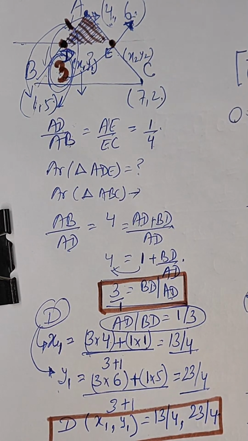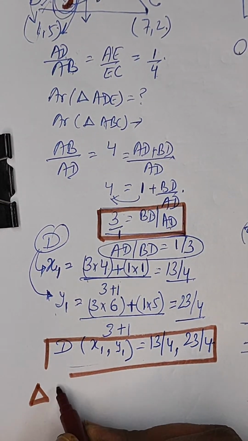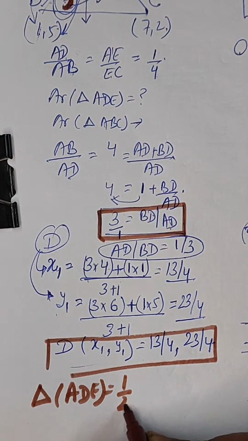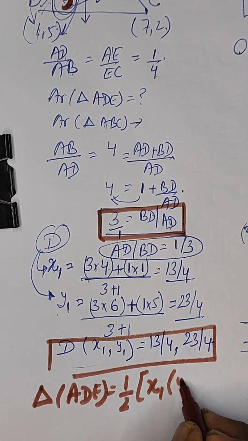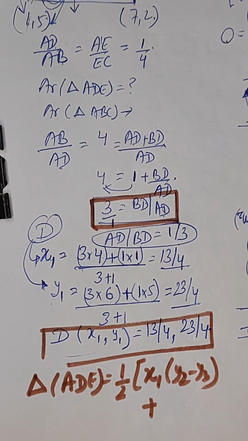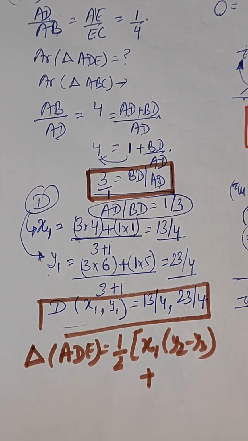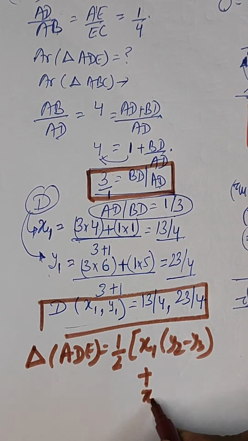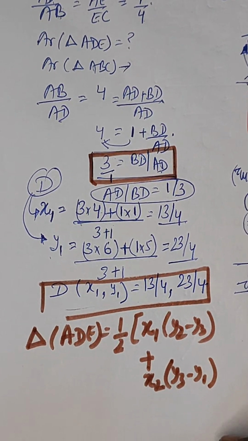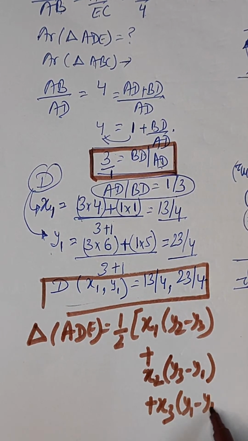You can use the same formula: the area of triangle ADE is half of x1 into (y2 minus y3), plus, using the cyclic order again, x2 into (y3 minus y1), plus x3 into (y1 minus y2).